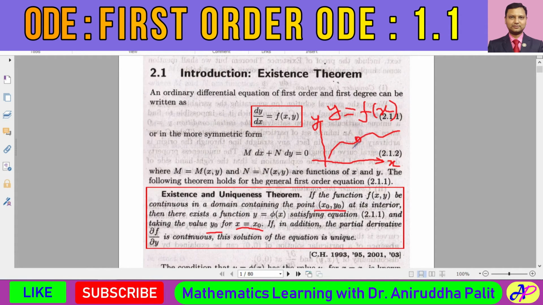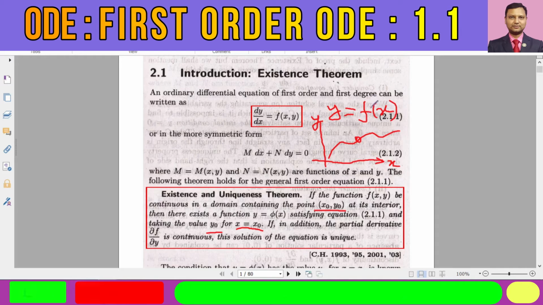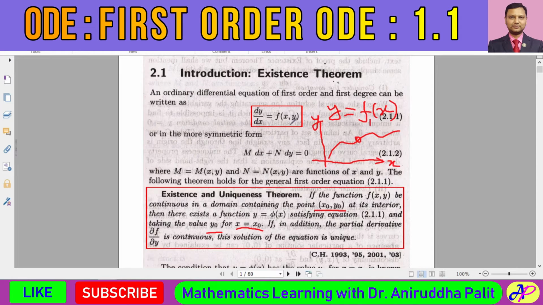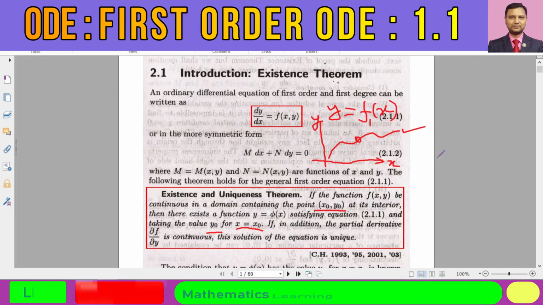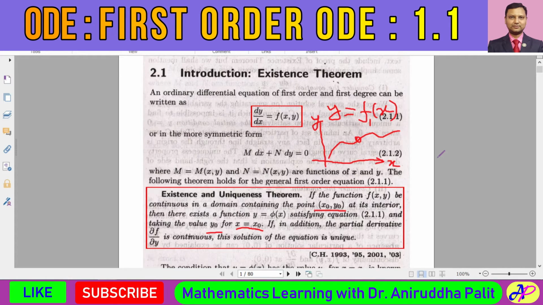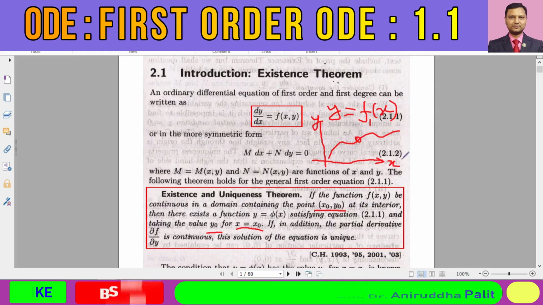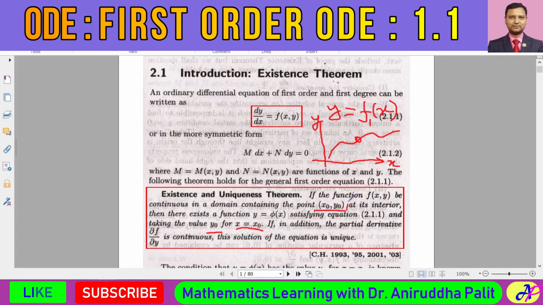Now through this point the solution y is equal to f of x will pass. You can consider not f but f1, because this function f is already provided. So instead of f, we are considering another function, maybe f1. This is the curve of the function f1, the solution of this differential equation passing through this point x0, y0.